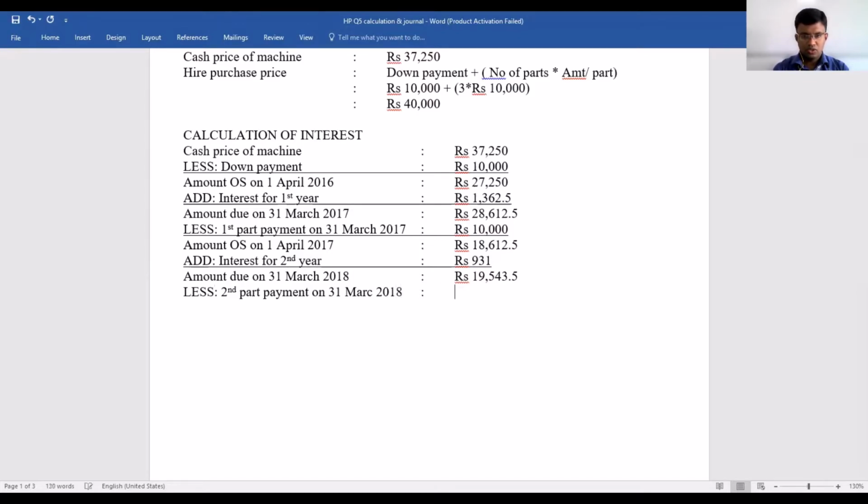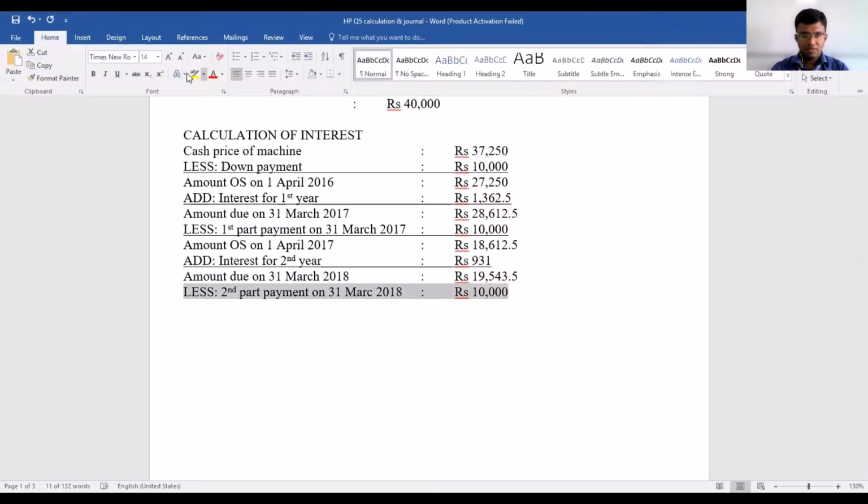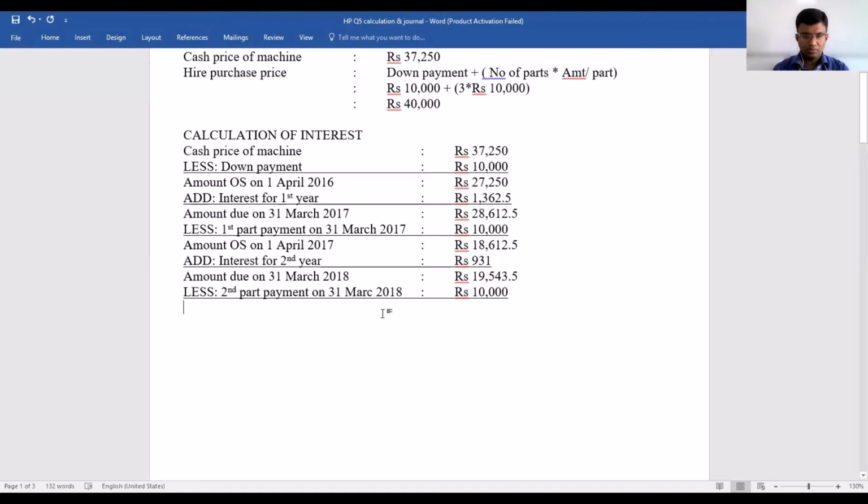2018, which will be rupees 10,000. So your second part payment is again rupees 10,000, and let's subtract 10,000 from this. So when you're subtracting 10,000 from this, what you would be getting is the amount outstanding on 1st April 2018.